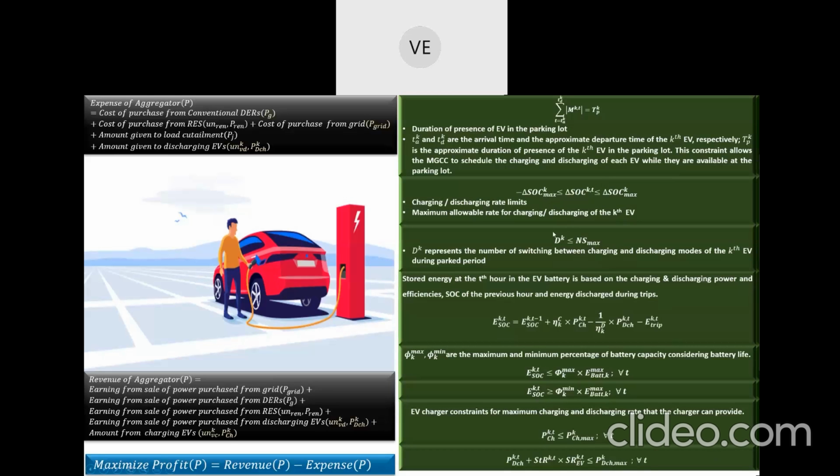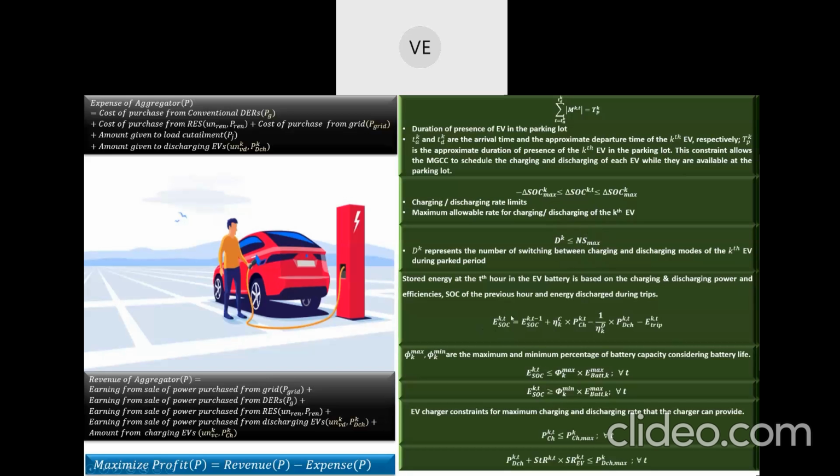Now, as a third constraint, there is a limit on switching between charging and discharging mode, because you cannot switch between charging and discharging mode infinite times. There is a limit for that based on the battery specification, battery life, and the health of the battery. So we have to follow that constraint also.